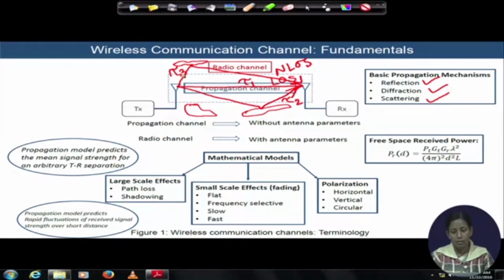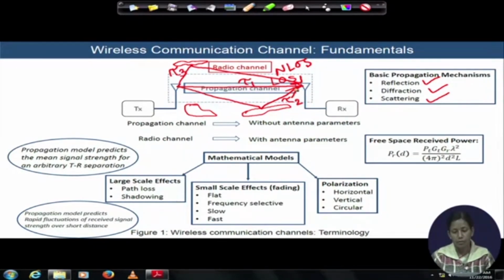And thus I can see the replica of the same symbol getting received in the receiver front end over multiple delays. So, it is a replica of the same signal continuously coming over different delays to the receiver front end.